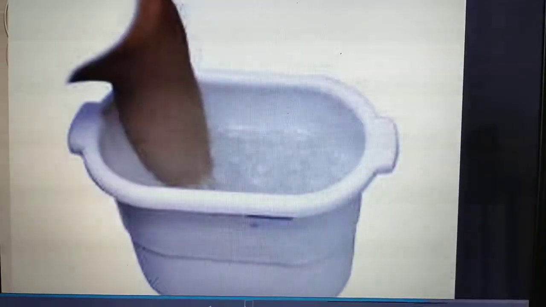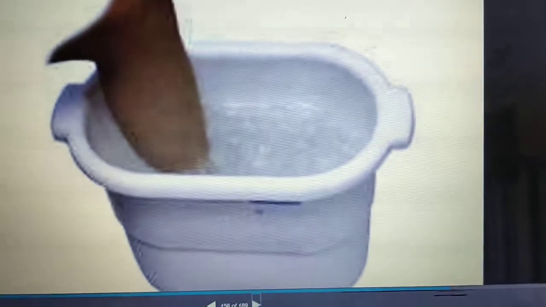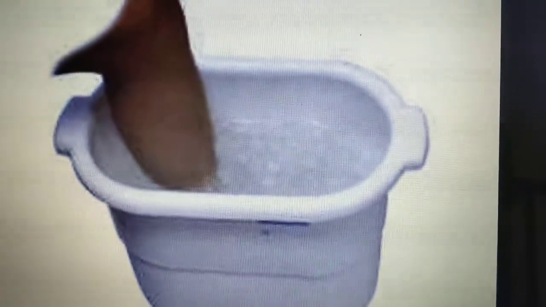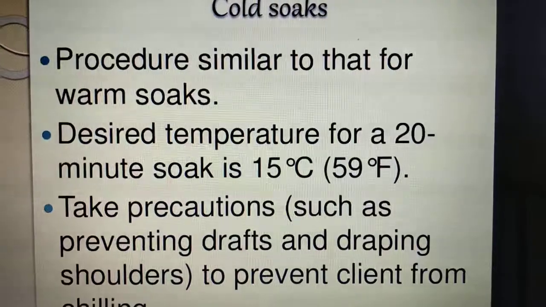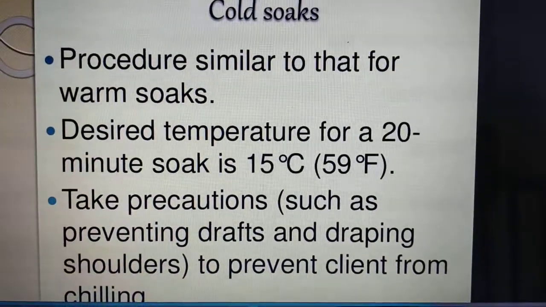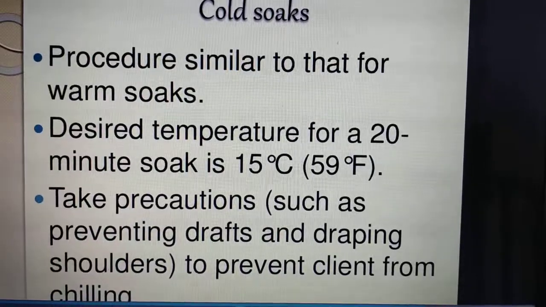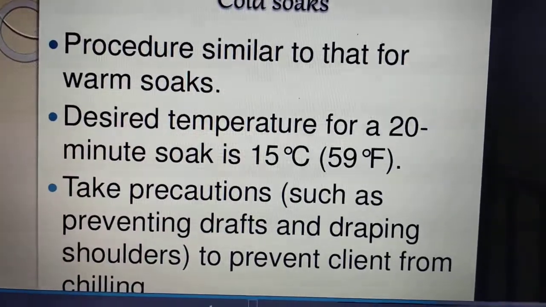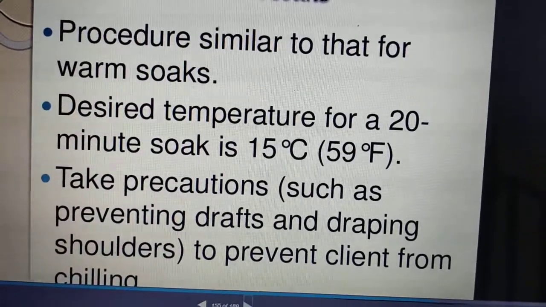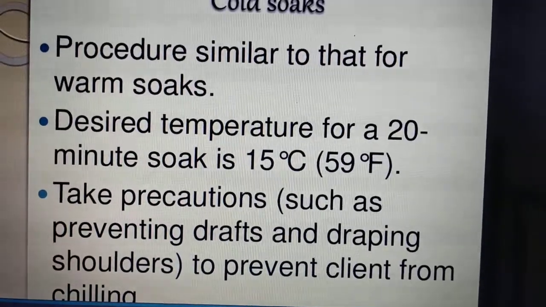Here the patient is keeping his limb in cold water, or the tub will contain ice cubes. This is what we call cold soaks. The desired temperature for this is 15 degrees Celsius, for up to 15 to 20 minutes. Okay, take the precautions.